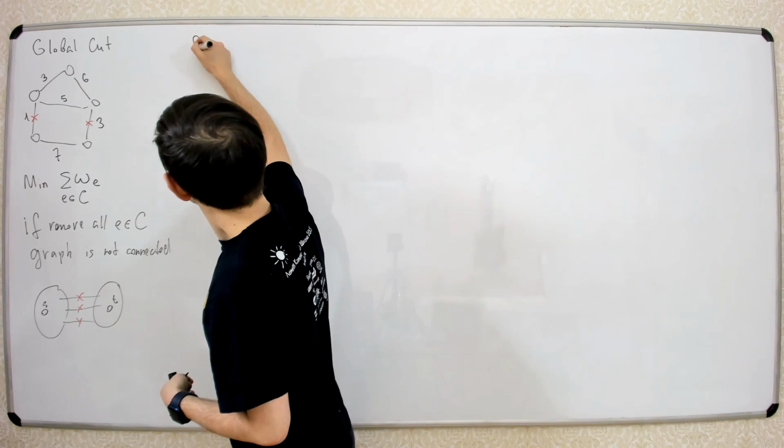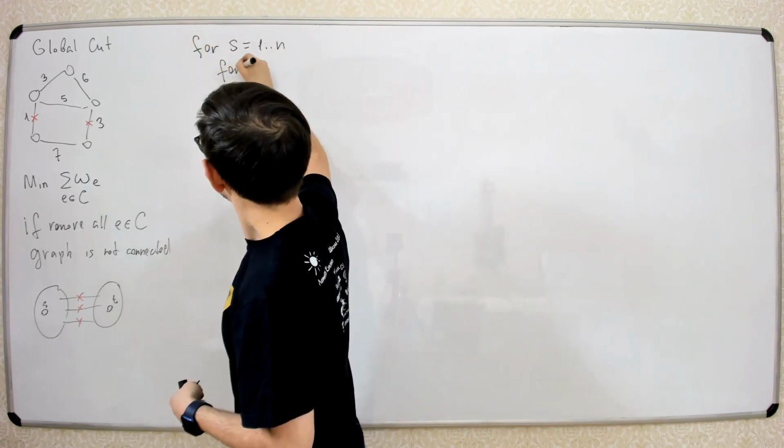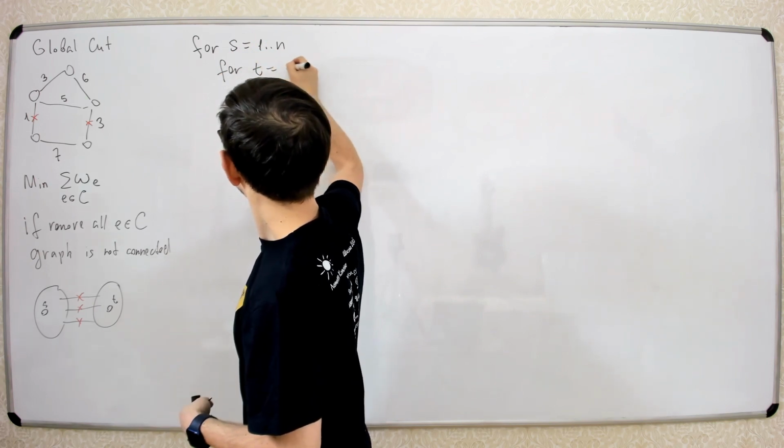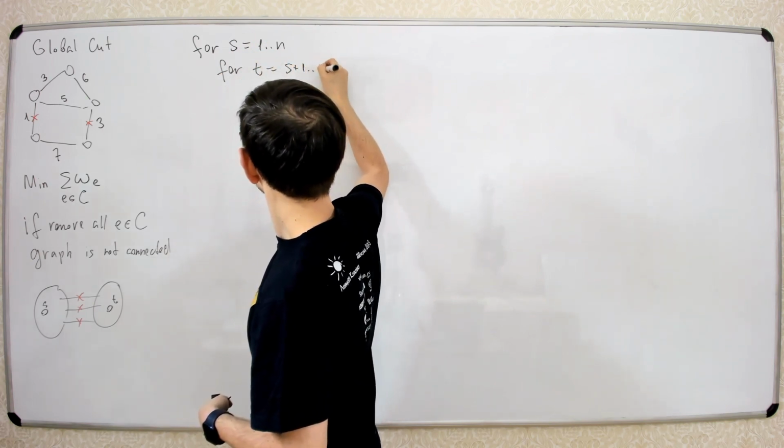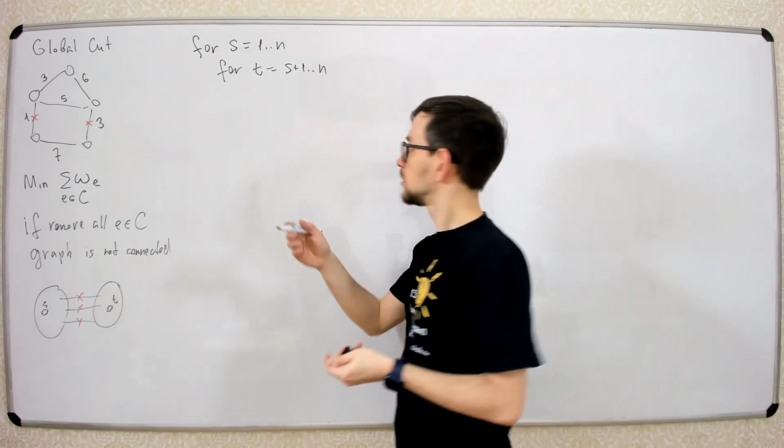So we'll iterate for all S from 1 to N, iterate for all T from S plus 1 to N, and try to find the minimal cut between these ones.